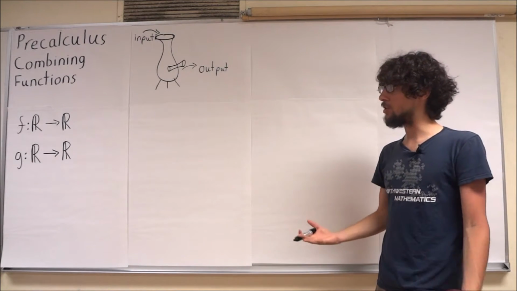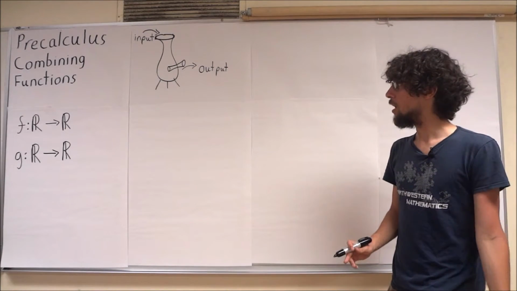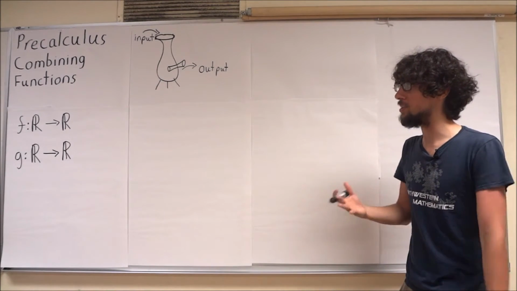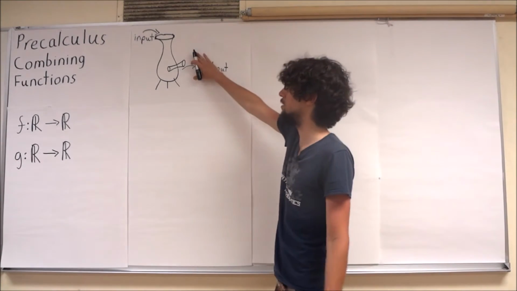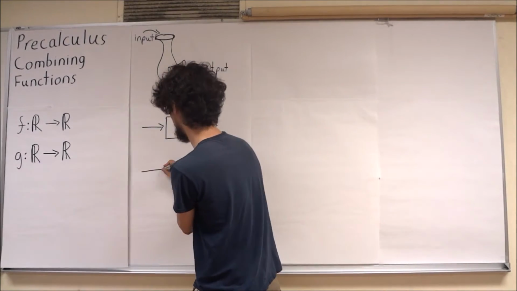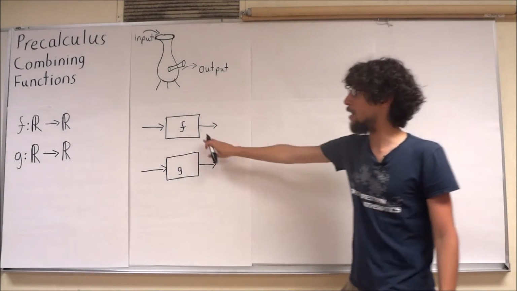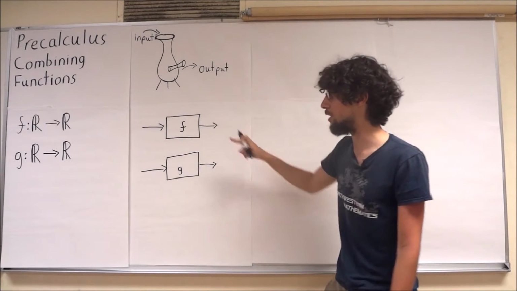Well, in order to conceptualize this, let's draw pictures of our functions. I'm going to draw Collingwood's slightly simpler version of this machine picture rather than Tanton's somewhat complicated one here. We have f, we feed some number to f, and we will get some number that's spit out.